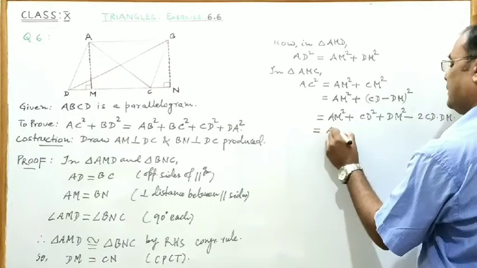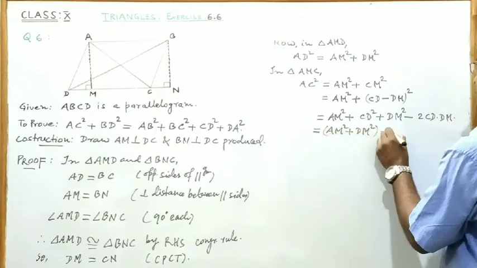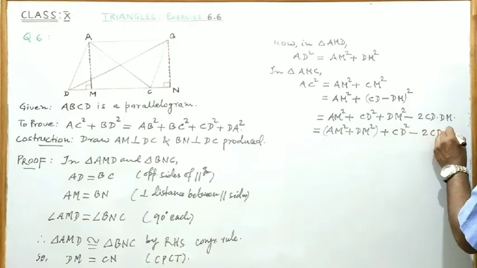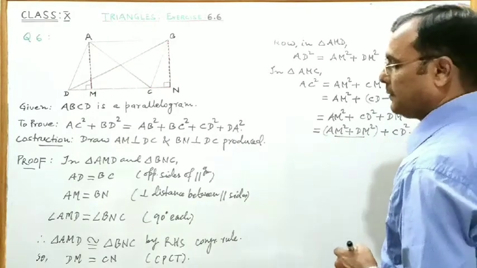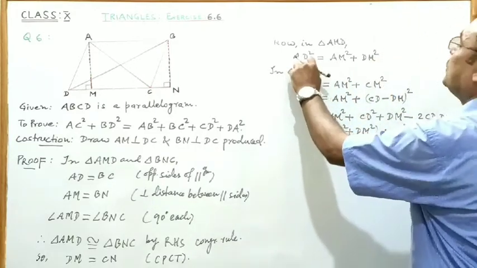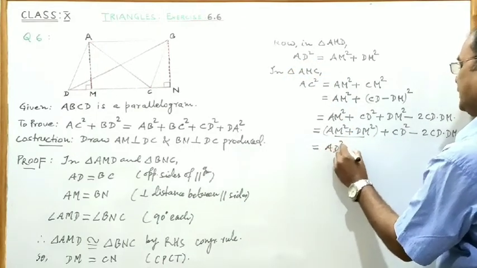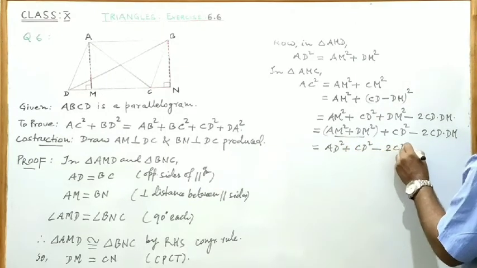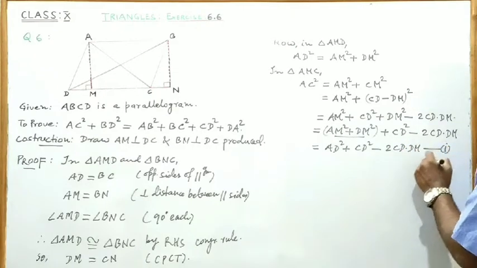AM square plus DM square can be written equal to AD square. So this is equal to AD square plus CD square minus 2CD into DM. Let it be number 1.